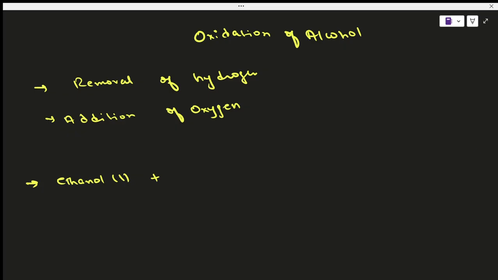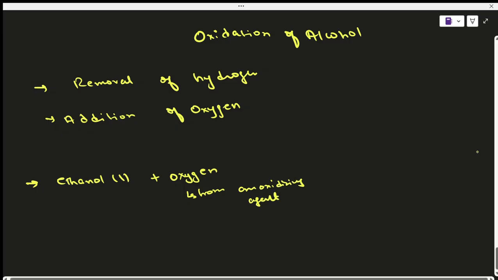This oxygen, by the way, is coming from an oxidizing agent, and that oxidizing agent is something that we know as KMnO4, and this KMnO4 is potassium manganate.